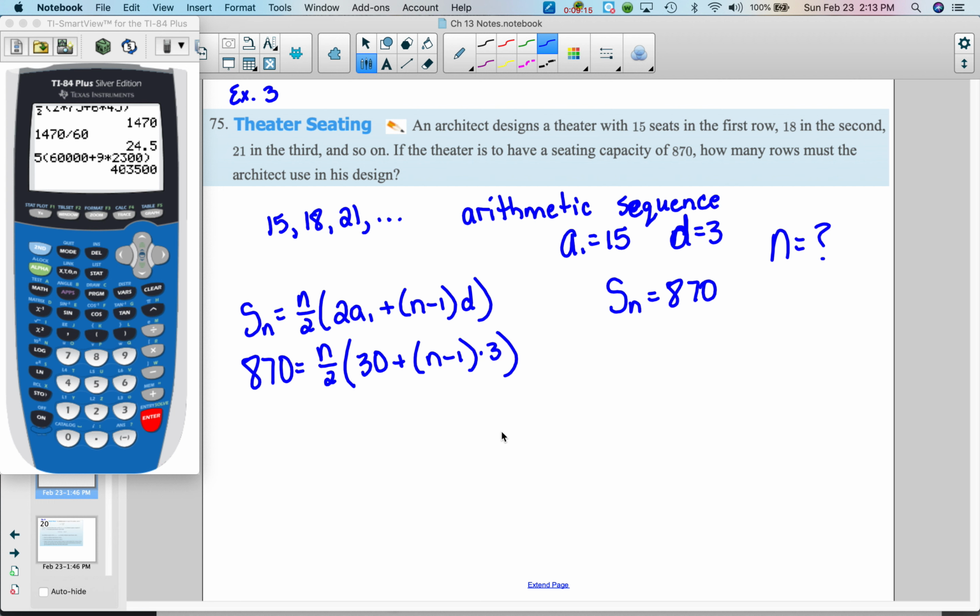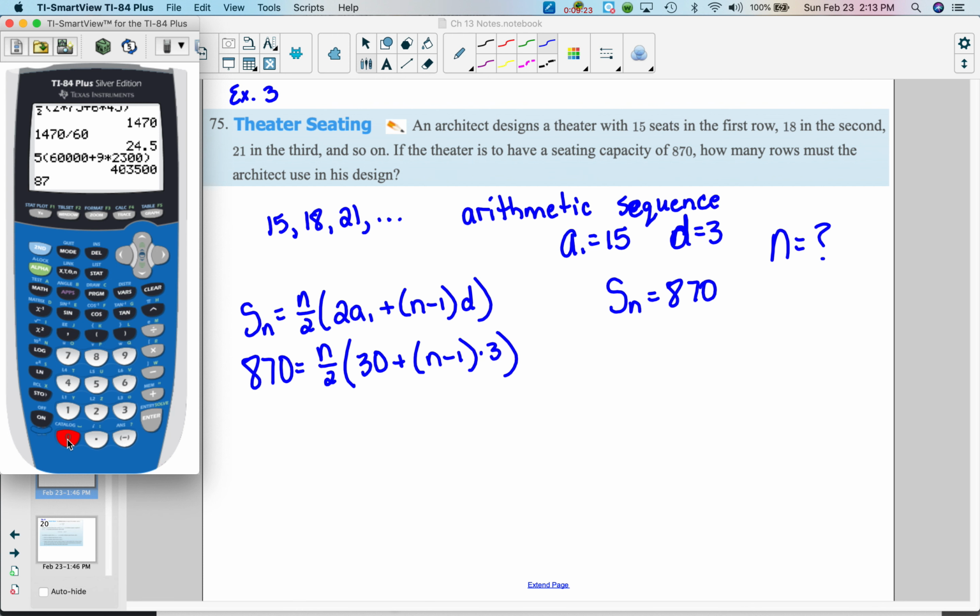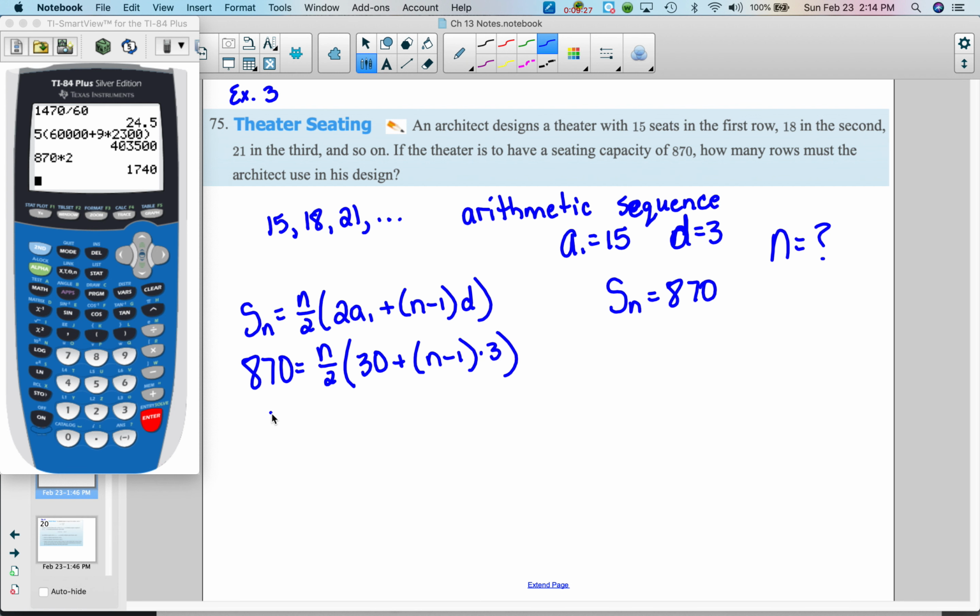So I have to solve this equation for n. Now what I'm going to do first is multiply both sides by 2 just so I can get rid of the fraction. So 870 times 2 is 1740. And now we have n times 30 plus, I'm going to distribute this 3, and we get 3n minus 3.